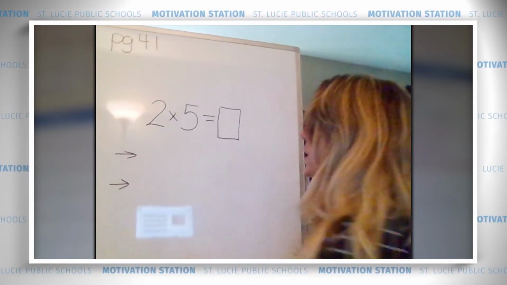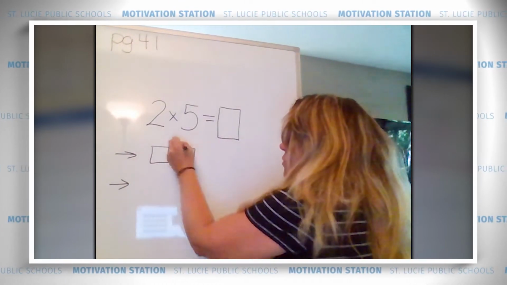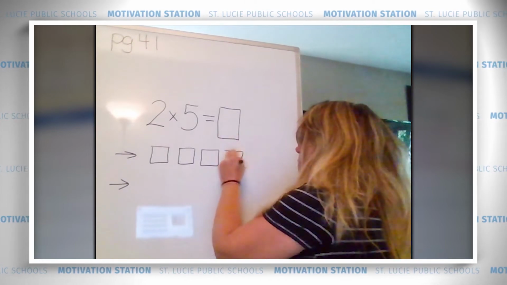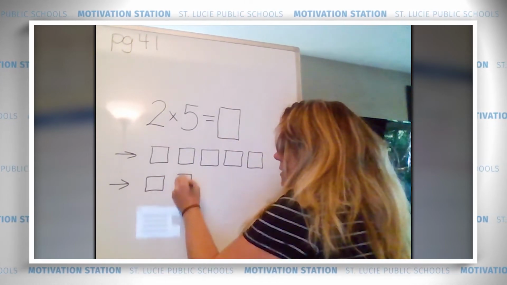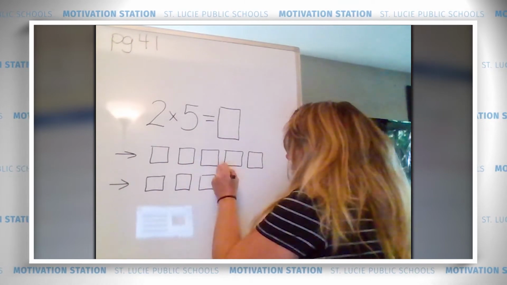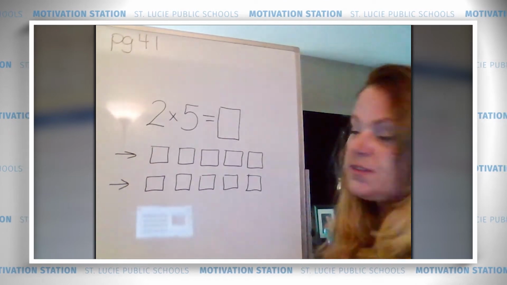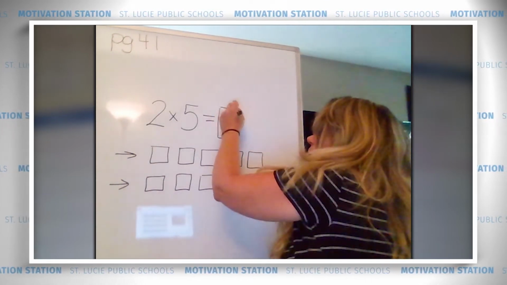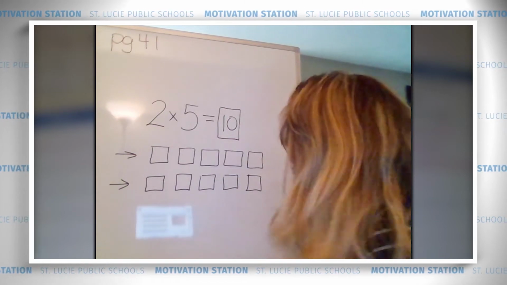There we go. 2 rows, 5 in each row. 1, 2, 3, 4, 5, 6, 7, 8, 9, 10. So 2 times 5 gives me a product of 10. Right?